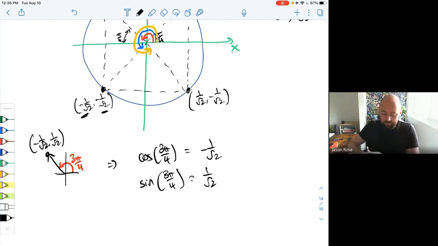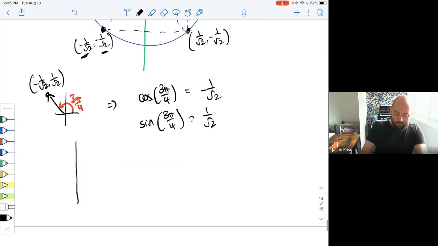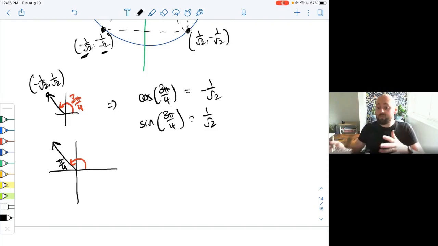So the red angle, that was this red angle here. What I know from the way I drew it, by the symmetry, is that this was pi over 4 because the other side was pi over 4, and I mirror imaged it across.